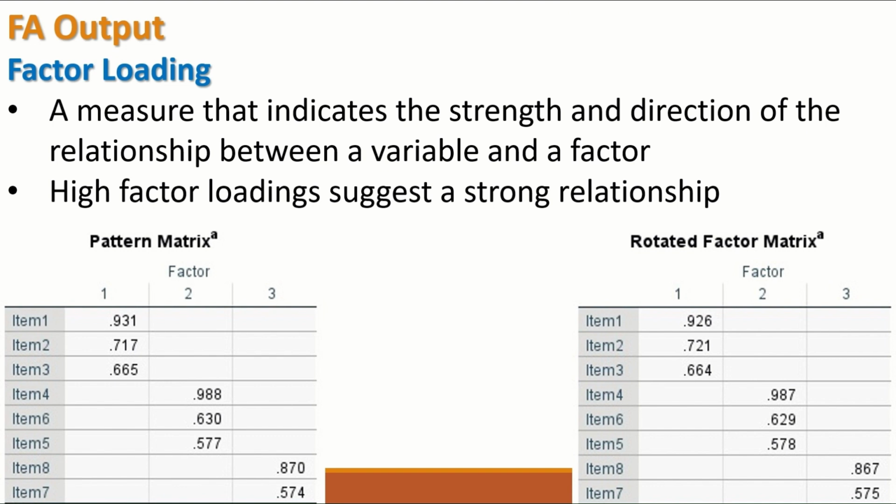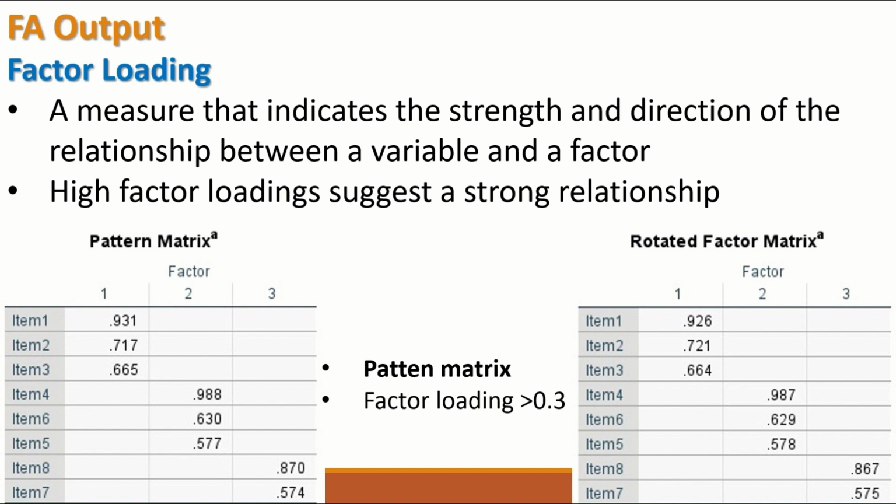So this output or representation generated by the factor analysis shows the loading for each variable or item to the specific factors. For the pattern matrix, you need to have a factor loading value greater than 0.3.